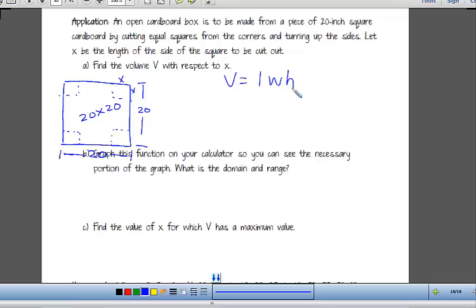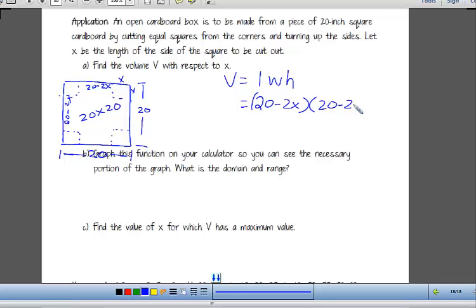Okay, we had 20 all the way across here, but now we're taking out X on the left and the right. So for our actual box, this little flap right here is 20 minus 2X. Okay, same thing on the side here, 20 minus 2X. That's our length and our width. 20 minus 2X times 20 minus 2X.